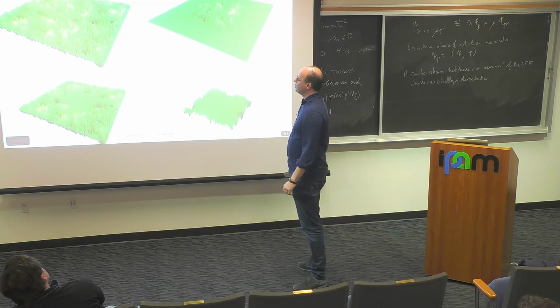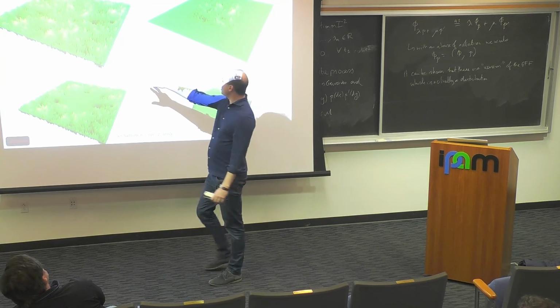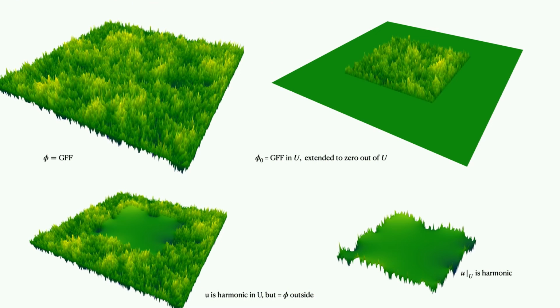Okay, so here is your Gaussian free field on a big square, and I'm going to apply the Markov property in a case where U is a slightly smaller square. So I write it as a sum of two bits. One is this phi 0, which is a Gaussian free field in the smaller square extended to be 0 outside. And u is the rest.